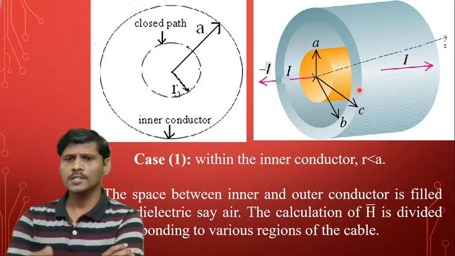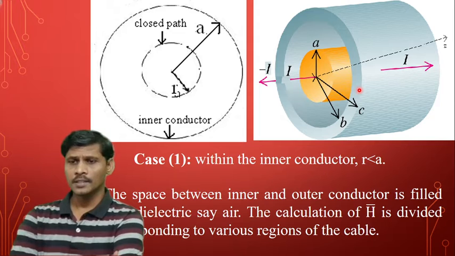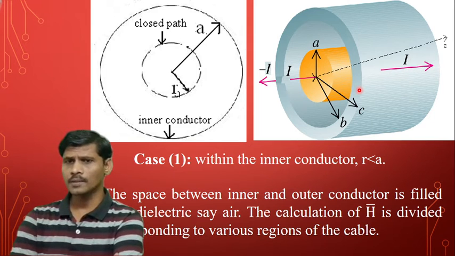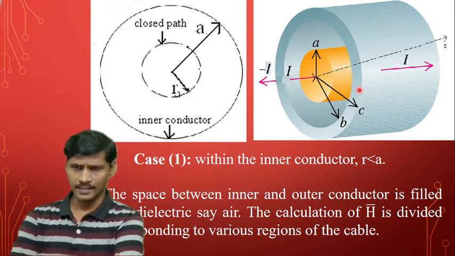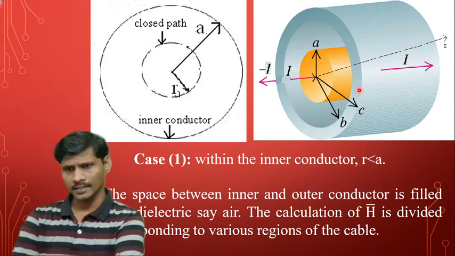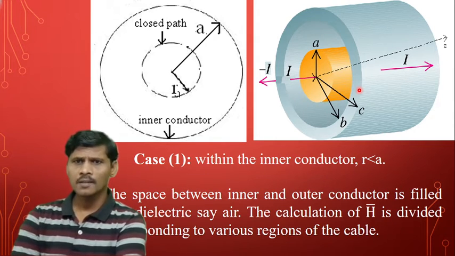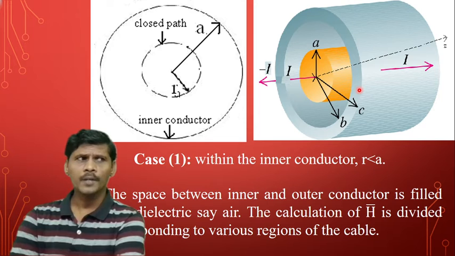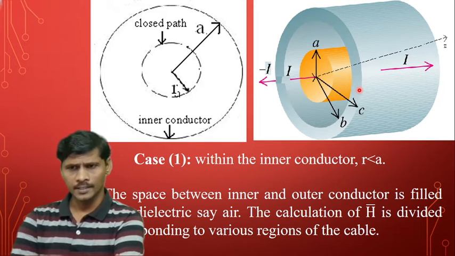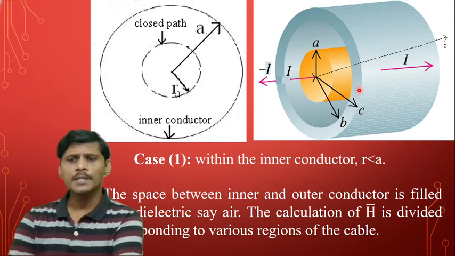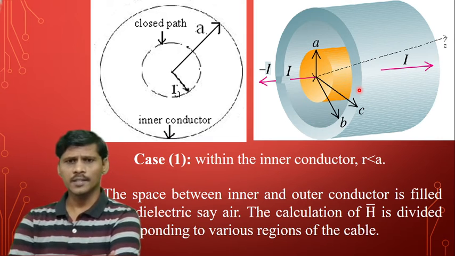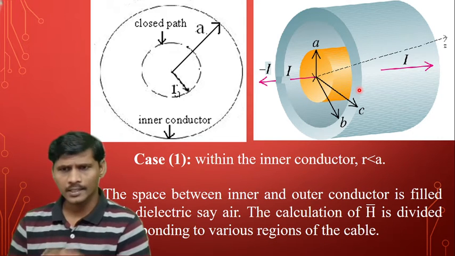First consider the Amperean path or closed path inside the inner conductor, and small r is the Amperean path or closed path radius. The space between the inner conductor and outer conductor is filled with dielectric material.